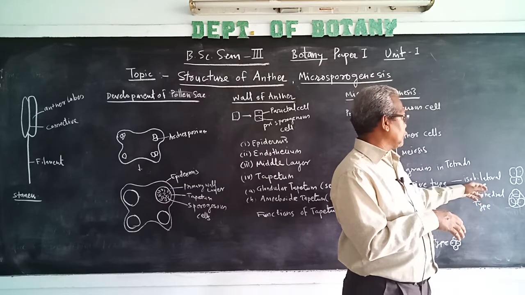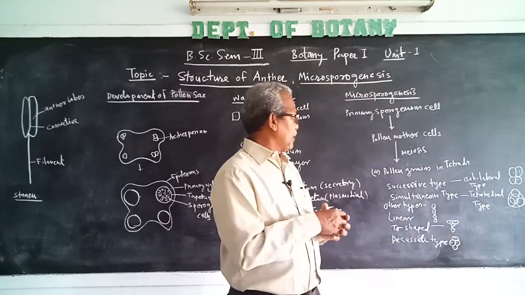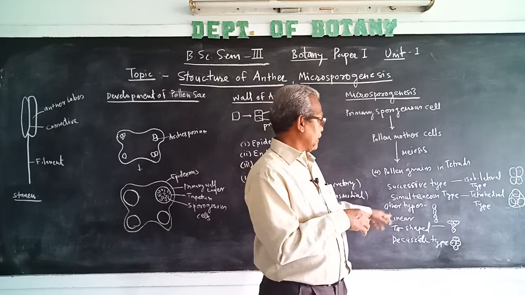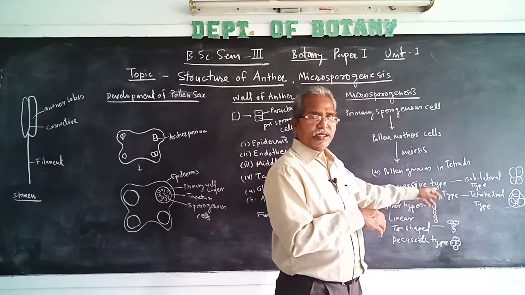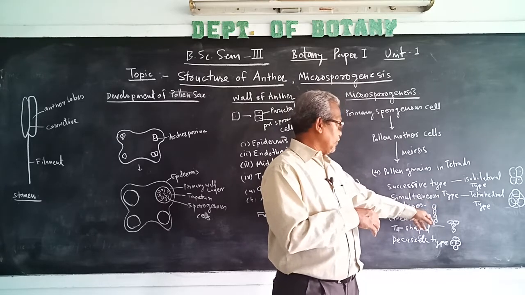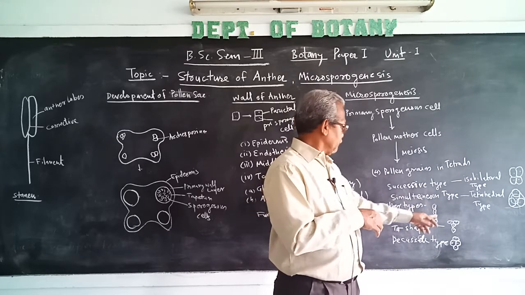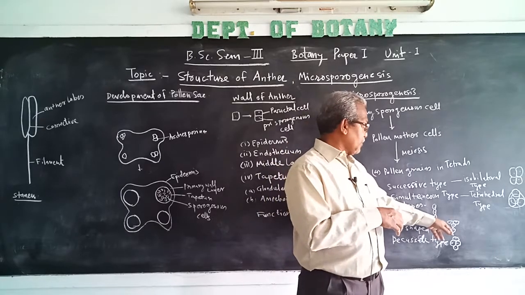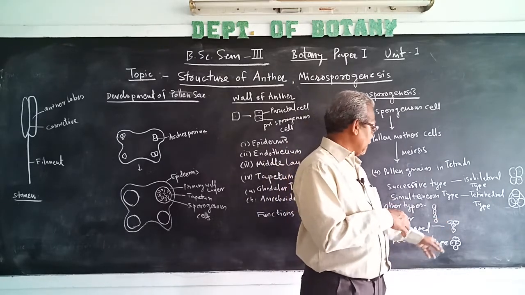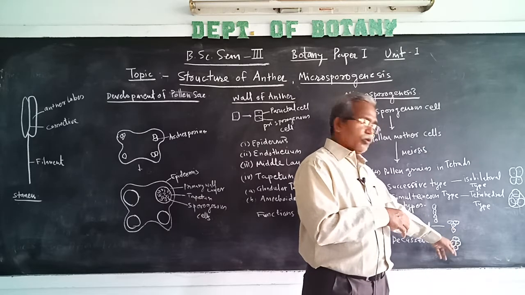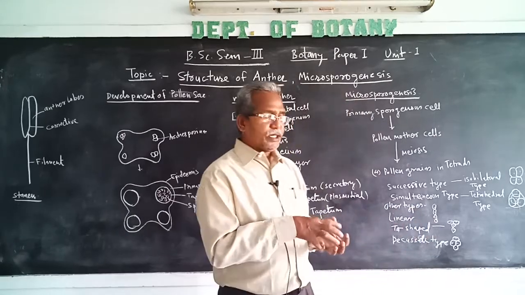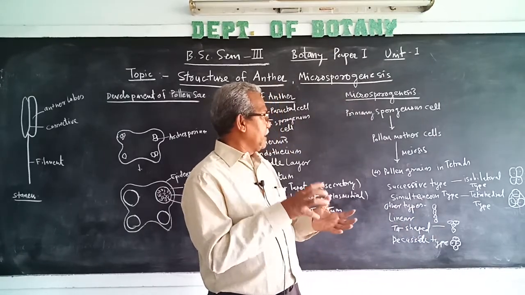Again, there are some other subtypes of pollen tetrad. They may be linear type, where by transverse wall formation four pollen grains are formed in a linear manner; T-shaped type, where a T-like structure is formed; and decussate type, where the pollen grains are arranged crosswise. In this manner, the four pollen grains remain intact in a tetrad.